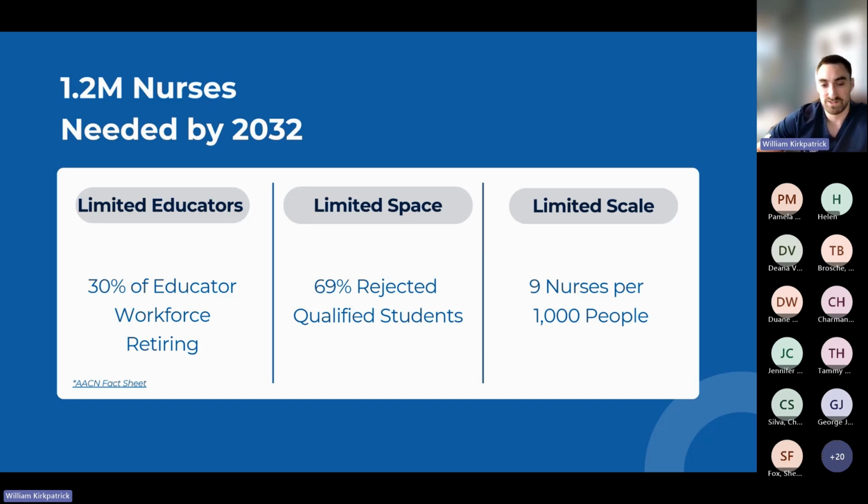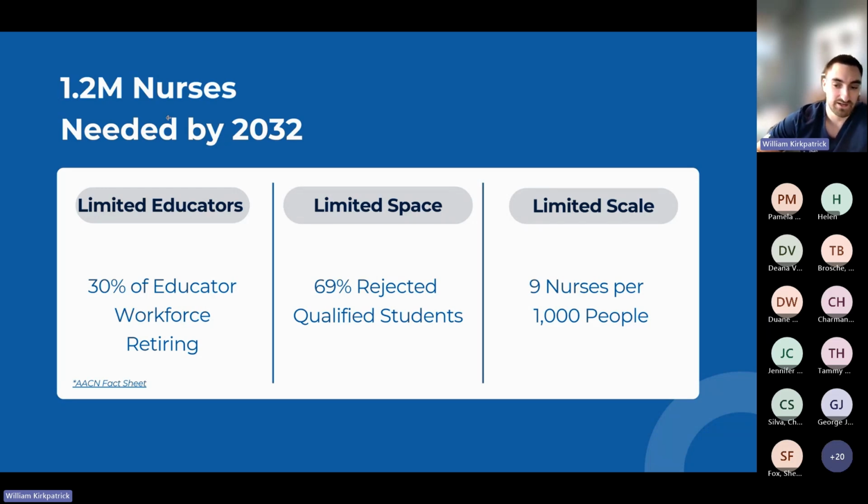Now you can scale this simulation into your program by using AI to facilitate for you. You still have all the control, but the real reason is that we do have a nursing shortage that we all know about. And if we have an educator shortage at the same time, it will be basically impossible to serve the nursing workforce because we will have a bottleneck.